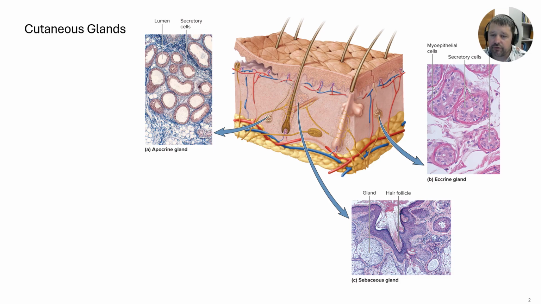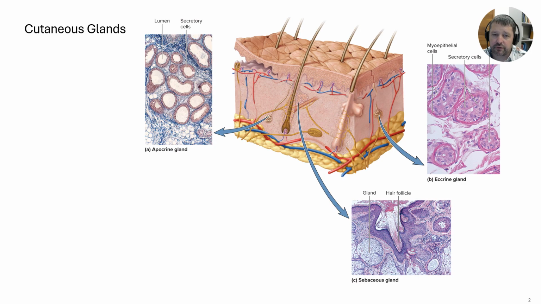A lot of times these glands, and we'll talk about sebaceous glands in a second, occur in the dermis but close to the epidermis, and especially the ones that release material via exocytosis, you might have a shallower epidermis in that region.